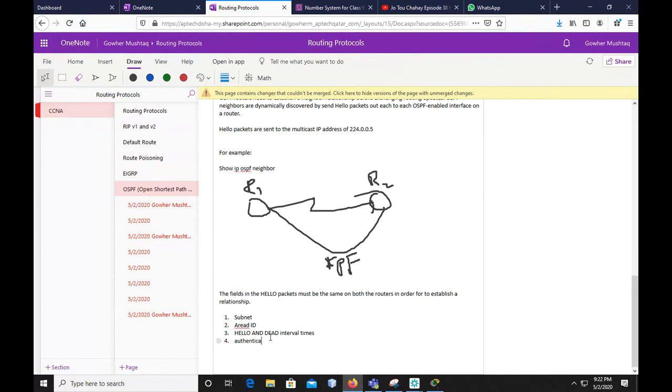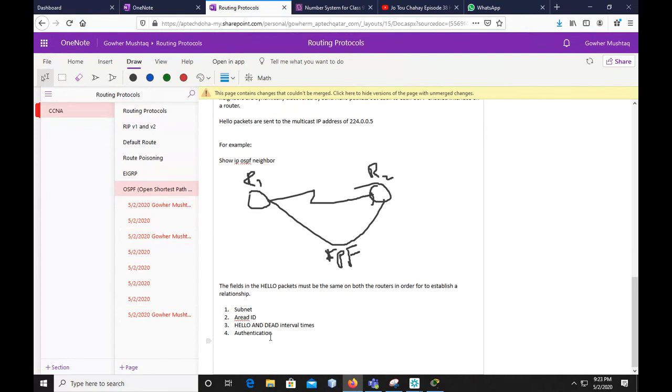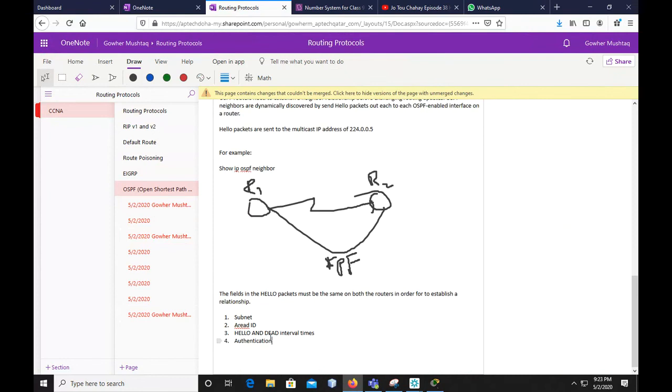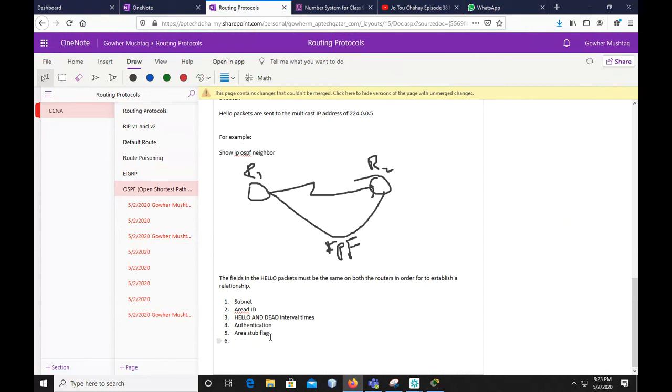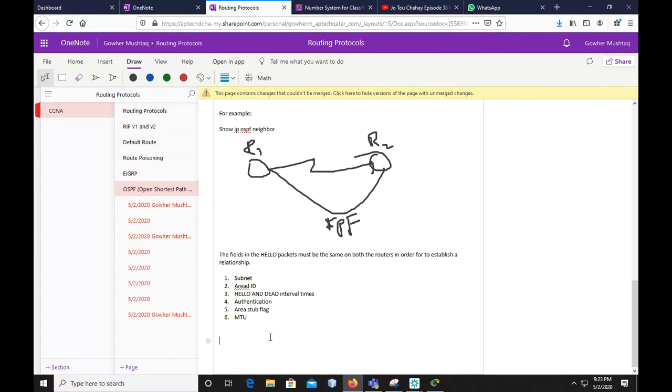And also authentication. Authentication has to be the same. And then the fifth is the stub flag, which I'm going to tell you later on. Stub flag, and then MTU. So these are the 6 different things. Instead of your autonomous number in EIGRP, here they are going to create the neighbor relationship mostly based on this area ID.